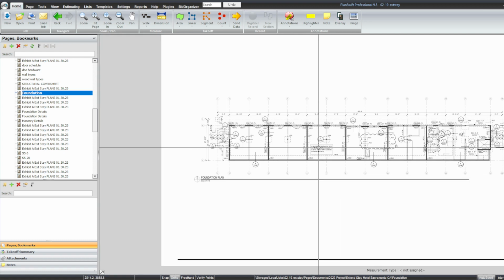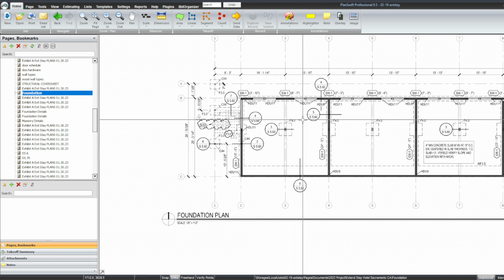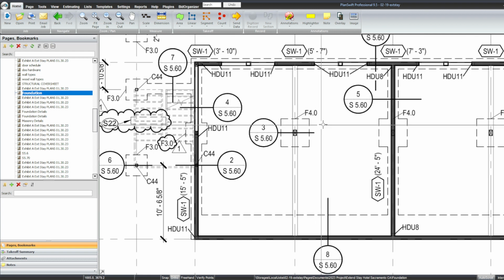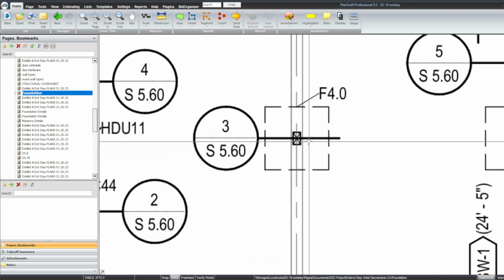So, all right, our foundation. First thing we're going to look at is what our continuous footers are made from. And then here we have column pads. When we see something like this in this square configuration, this indicates that this is a column that's going to be going right here.